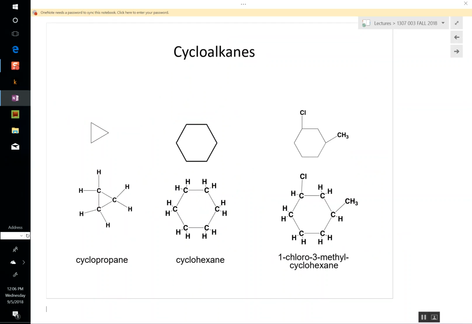So, yeah, there's cyclohexane. Here is 1-chloro-3-methyl cyclohexane. Okay, you're seeing a halide come in. The first time that we're kind of slipping in something other than a carbon and a hydrogen. I told you there'd be alkyl halides. Here's an example. And so the chlorine here, we're calling this carbon number 1, 2, 3.